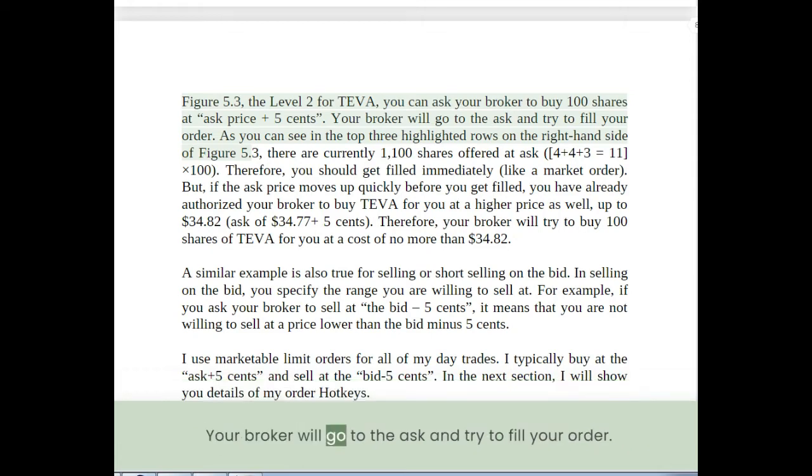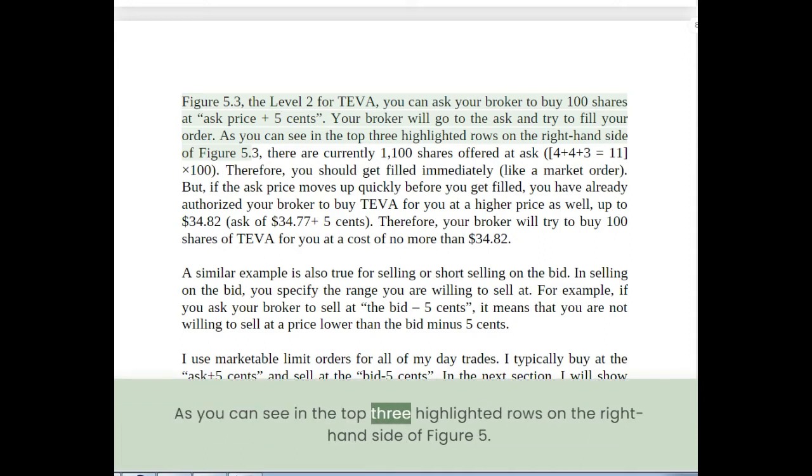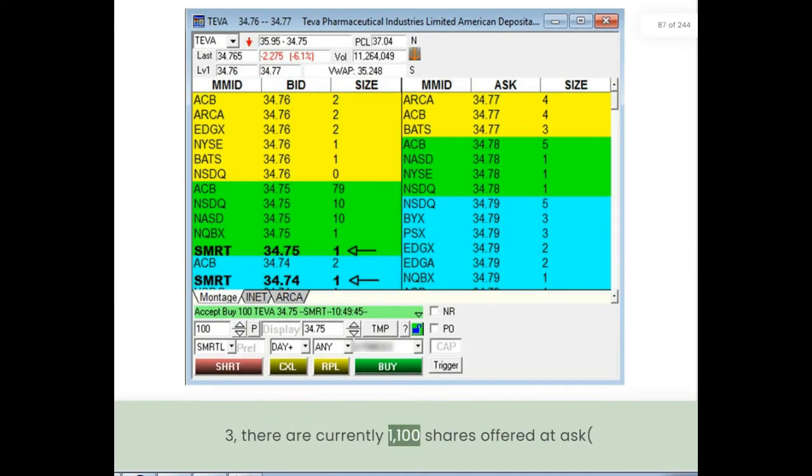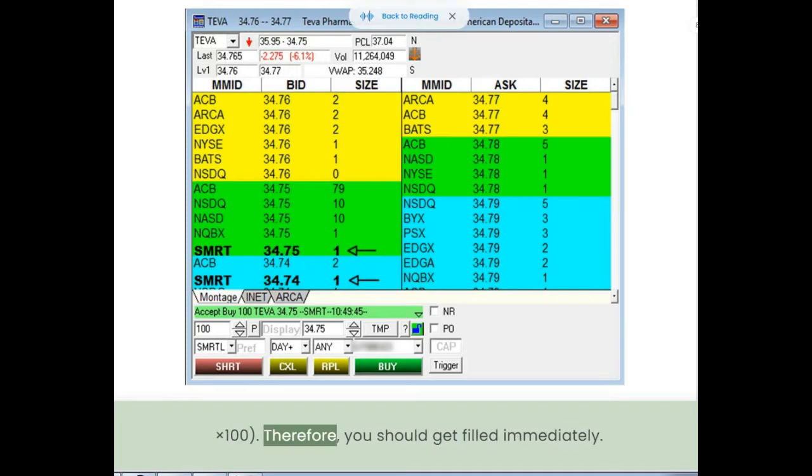Your broker will go to the ask and try to fill your order. As you can see in the top three highlighted rows on the right-hand side of Figure 5.3, there are currently 1,100 shares offered at ask 100. Therefore, you should get filled immediately.